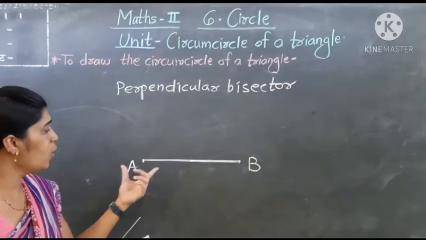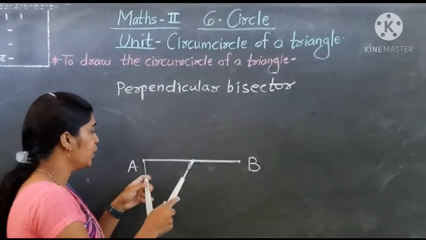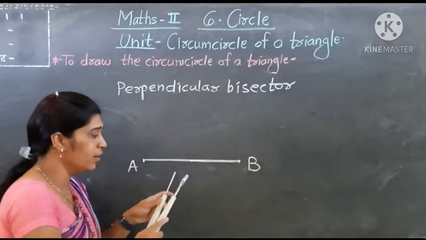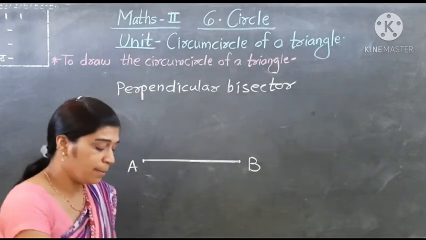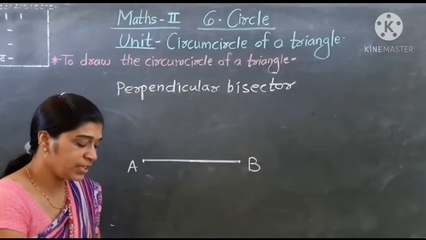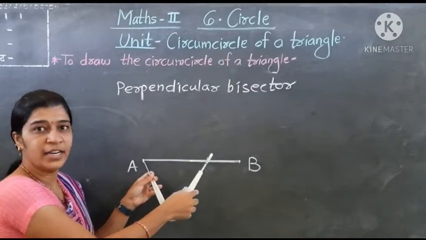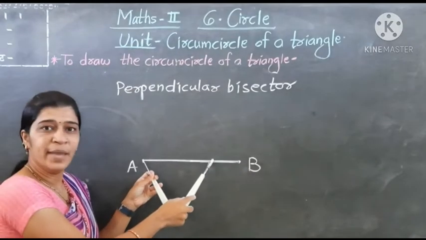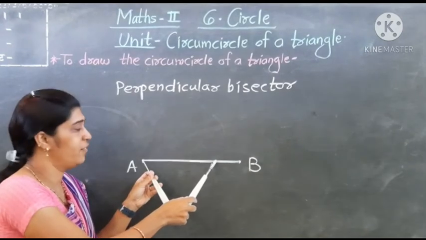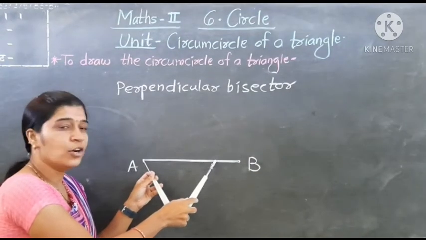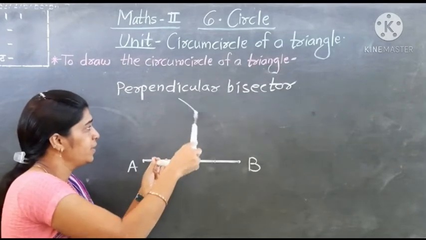Here, how to draw the perpendicular bisector of this line segment? We had already learned this, so we recall it. We take a measure approximately greater than half of the segment.